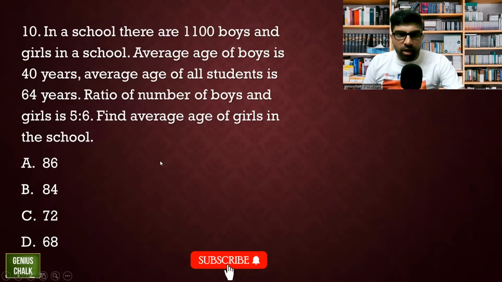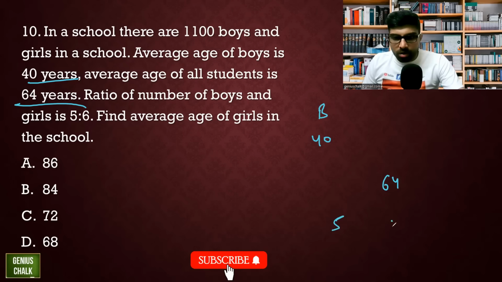In a school, there are 1100 boys and girls. Average age of boys is 40 and of all the students is 64. So average age of boys is 40. All the students is 64. The ratio of the number of boys and girls is 5:6.